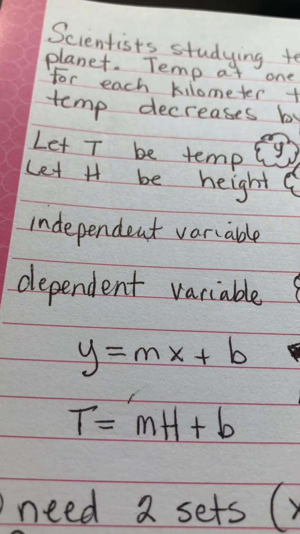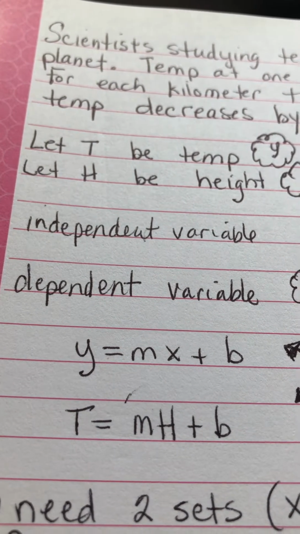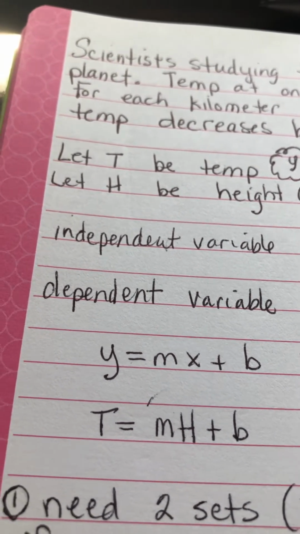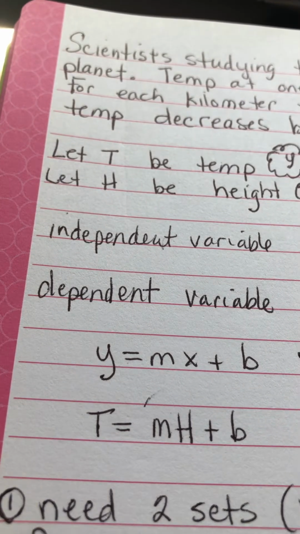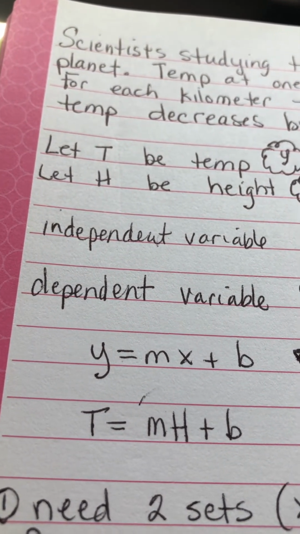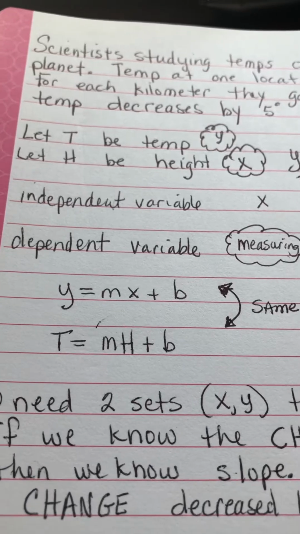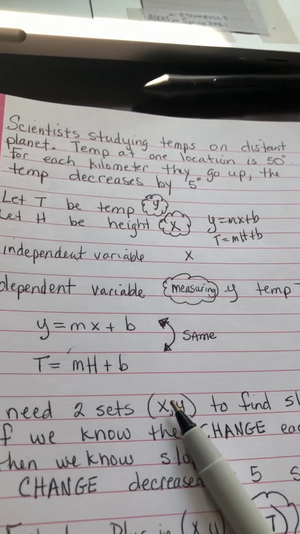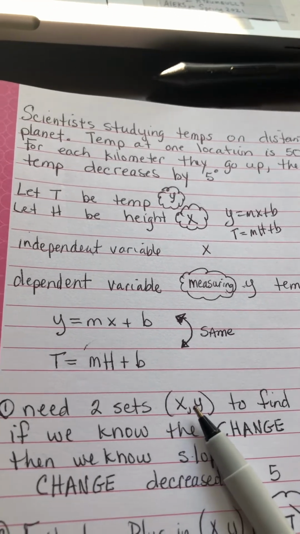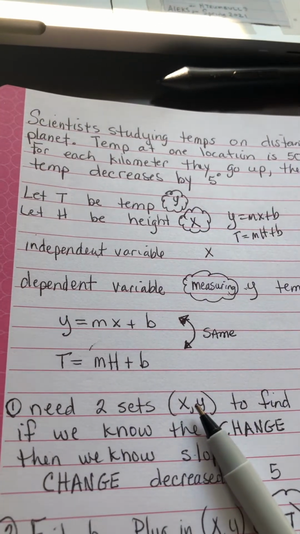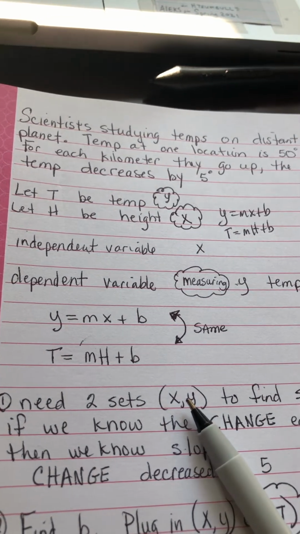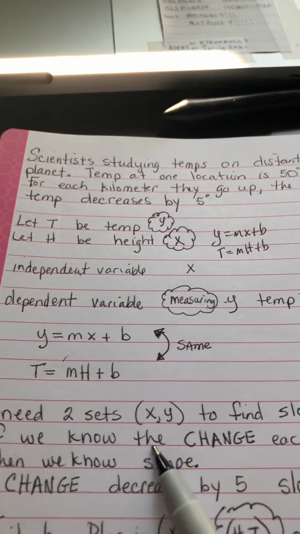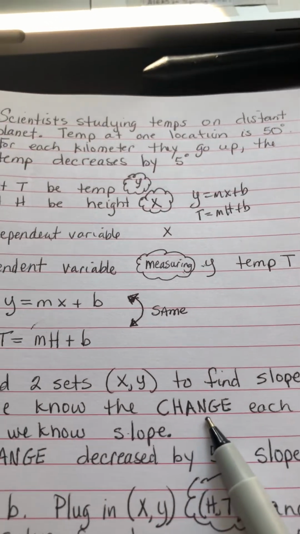We're going to use the information they gave us, the t and the h, to find the m and the b. So normally for step 1, to find the slope, you would need two sets of coordinates of the x and the y, or in this case, the h and the t. But they happen to be giving us the slope. If we know what the change is, the change is the slope.